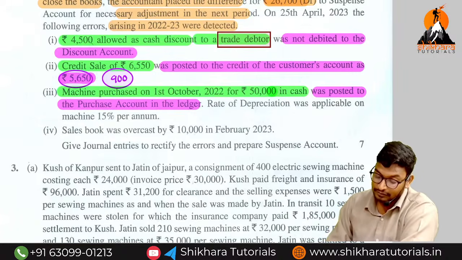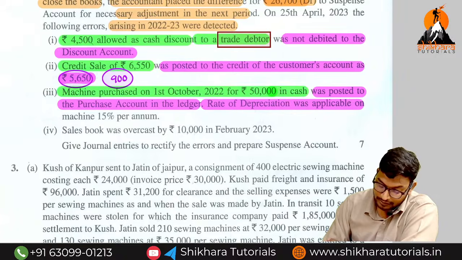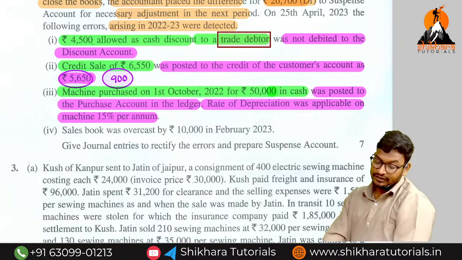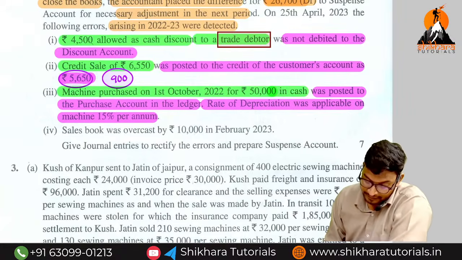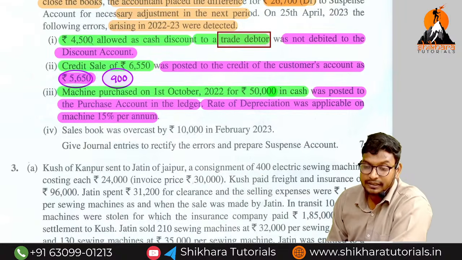Rate of depreciation applicable is 15%. So instead of recording in the machinery account, they have recorded in the purchase account.